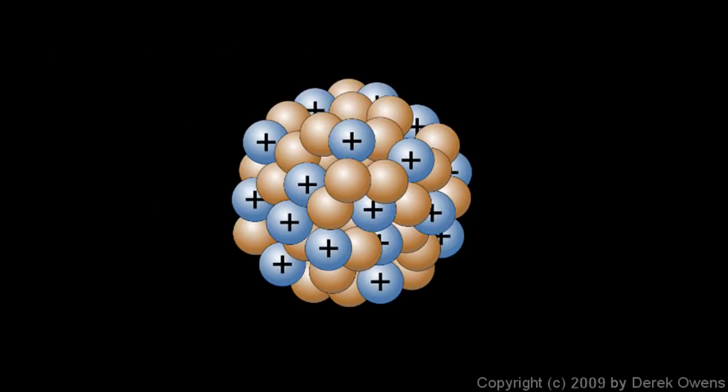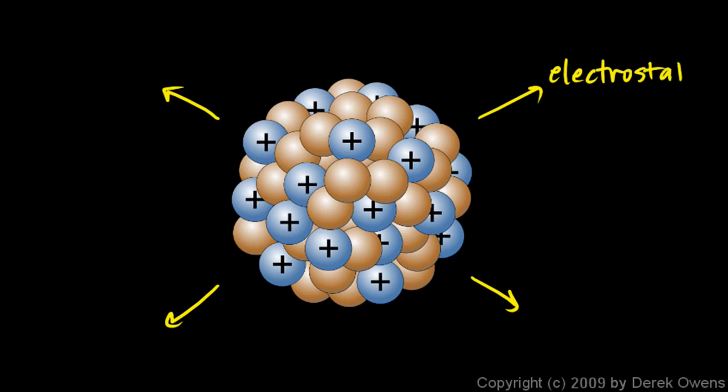Now let's look at a picture of a nucleus here. This is an atomic nucleus, and let's think about these forces acting. I've got the protons drawn there in a light blue with a plus sign on them, and the neutrons are the tan color. The protons are pushing away, so there's this outward force trying to push the nucleus apart, and that's the electrostatic force. That's the force of repulsion from the protons.